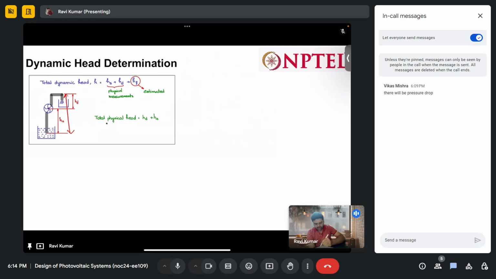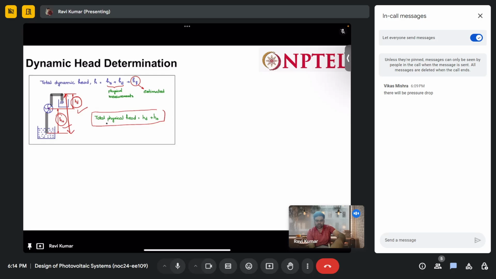So total head will be this suction head plus this HD, meaning discharge head. So it will be a combination of both.